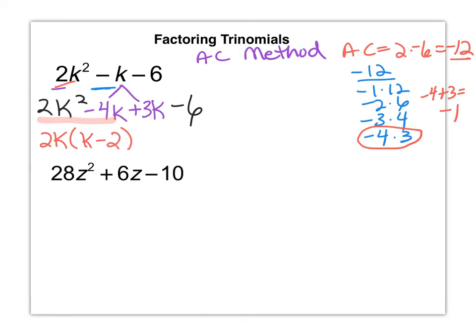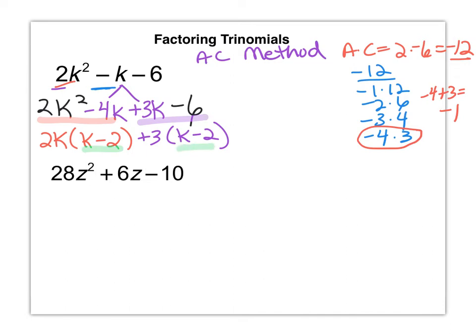Look at the second grouping here, the plus 3k minus 6. The greatest common factor here is plus 3. When you factor out the plus 3, you will be left with k minus 2. Now notice that k minus 2 is common in both larger groups.